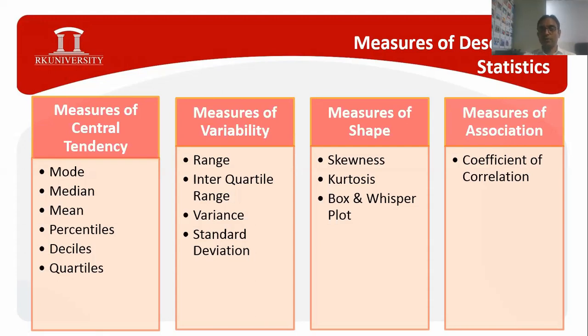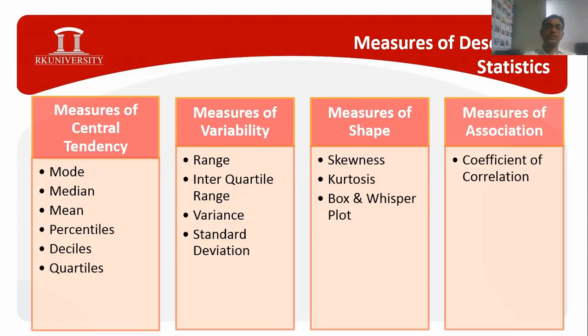So that is a glimpse of measures of central tendency. Sometimes by only calculating the mean or median, we may not be able to make a decision, or we may not be able to reach a conclusion about that particular data set.